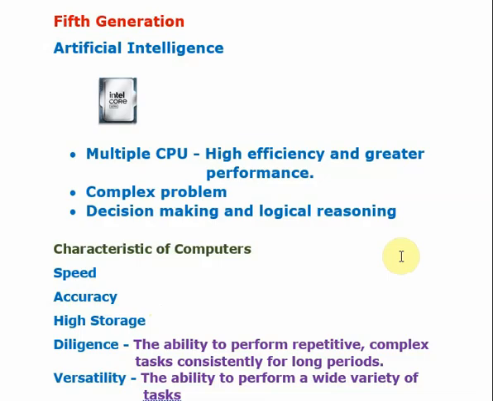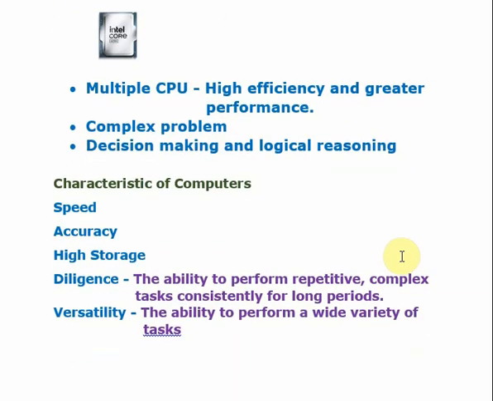That is known as diligence. Versatility means the ability to perform a wide variety of tasks, right. You can browse the internet, you can listen to songs, you can open a Word document and work on multiple tasks together, right?